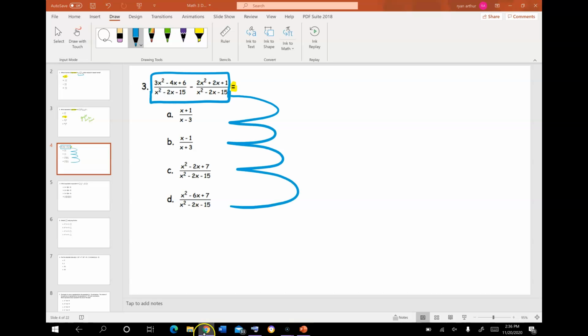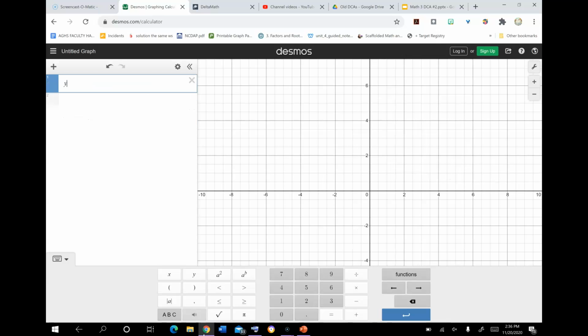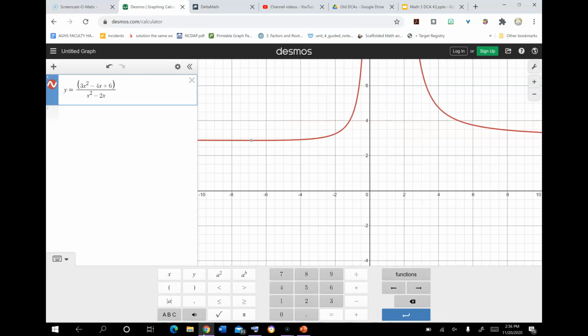Let's go back to Desmos and do the same thing again. We're going to type it in and say y equals parentheses 3x squared minus 4x minus 4x plus 6 divided by x squared minus 2x minus 15.